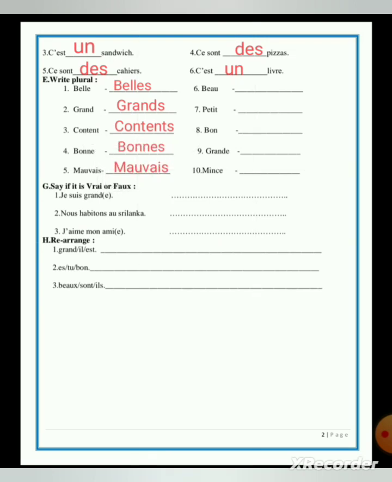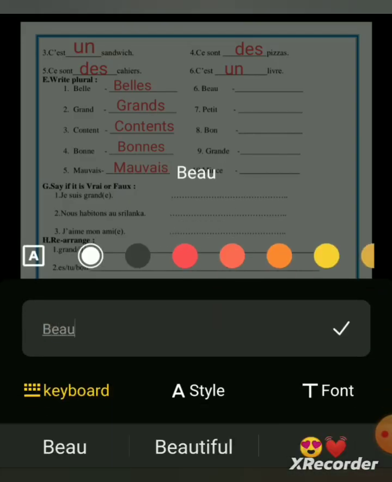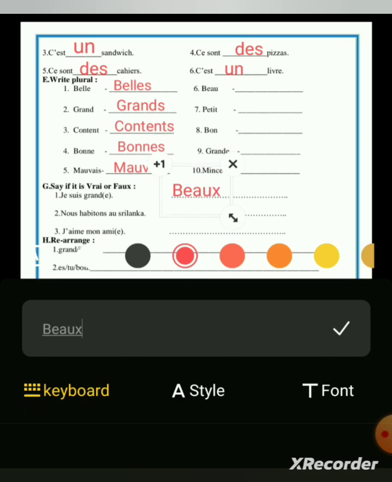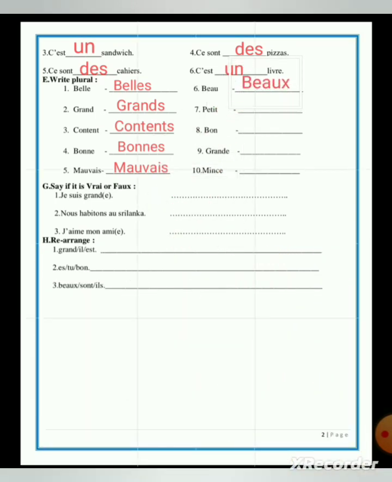Come to number 6, beau. Beau means handsome, B-E-A-U. Now, it is ending with E-A-U, so we have to add X at the end. Beaux. Now, number 7 is petit. Petit means small. This is in masculine form.